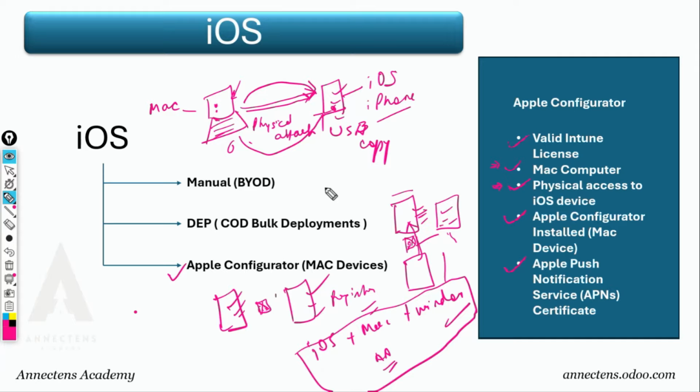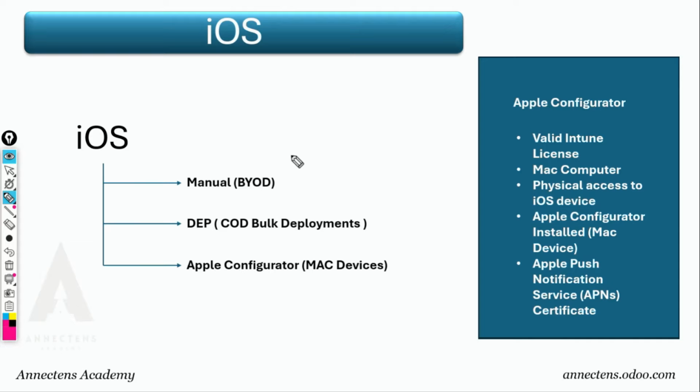So this APNS is nothing, it's simple, it's just a service. Okay, so we don't need to configure anything manually. As soon as you have an Apple ID and you configure your account, the APNS service and certificates will be automatically installed. Okay, you don't need to do anything manually.